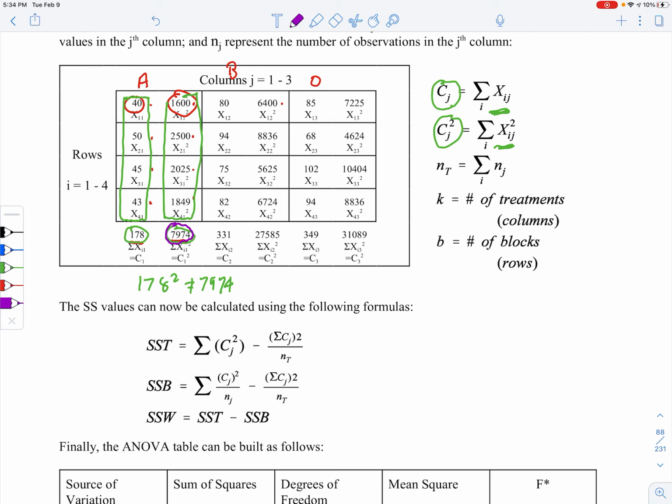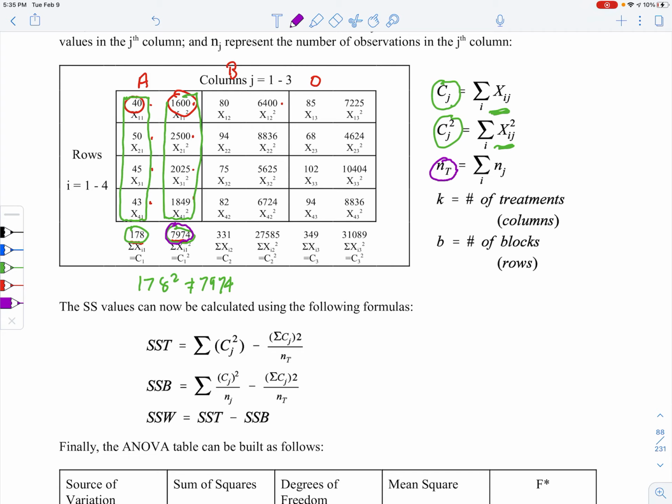Just like when we calculate standard deviations and variances way back. All right, so we do that for each treatment. And then just another thing to note here, we've got NT, which is just the total n. That's the n that you're used to from before. So whenever we talked about just 12 numbers, that would be n.